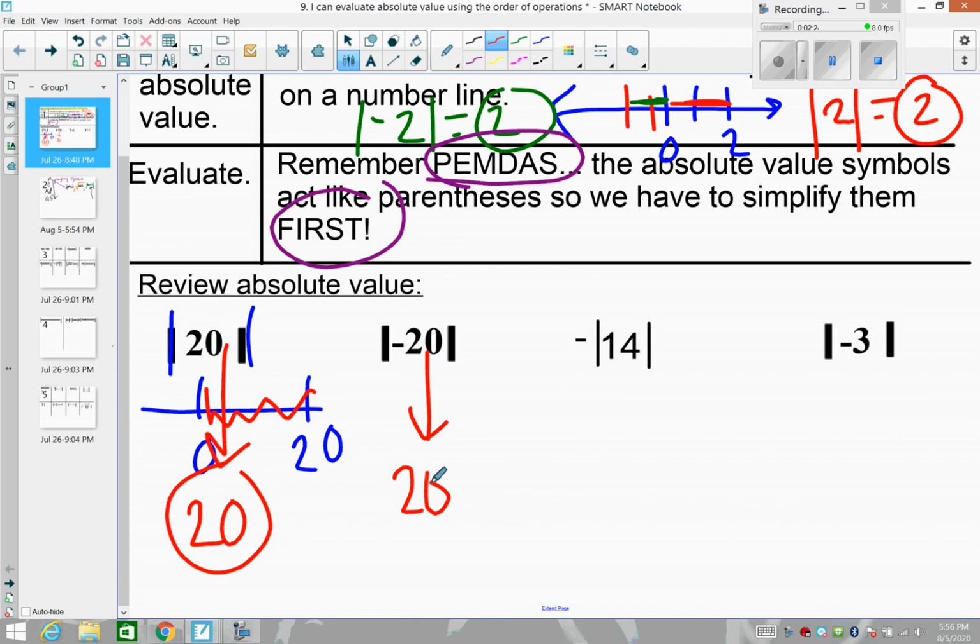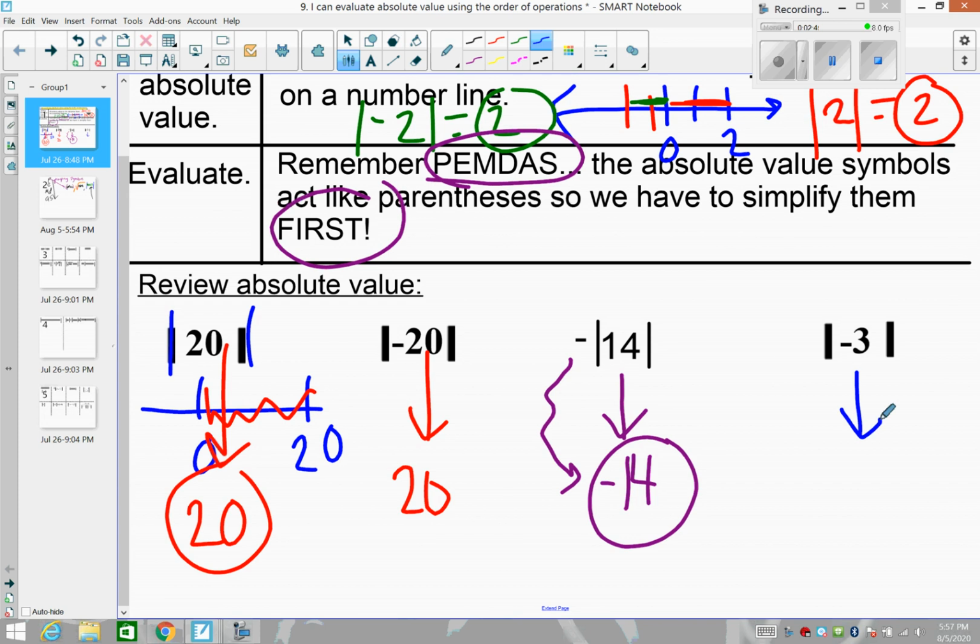If we were walking, it doesn't matter which direction we're walking, we're still going to walk 20 miles or 20 steps or 20 blocks, whatever it happens to be. All right, so how far away from 0 is 14? It's 14 units away. But this symbol means that we take the opposite of that.